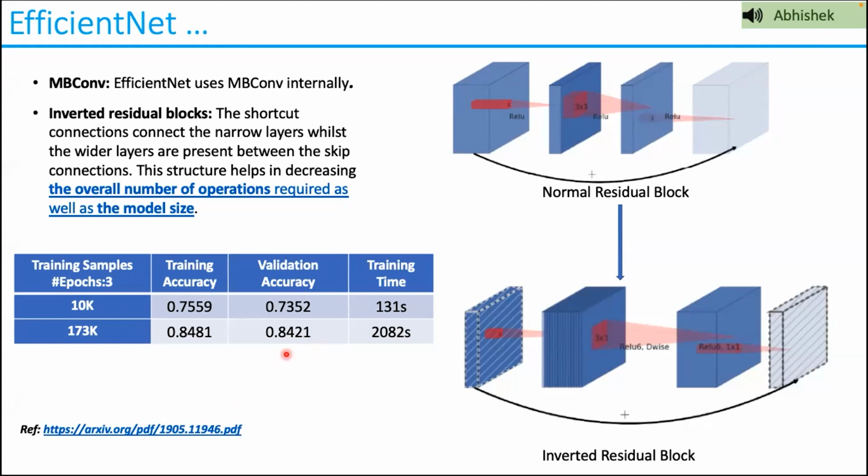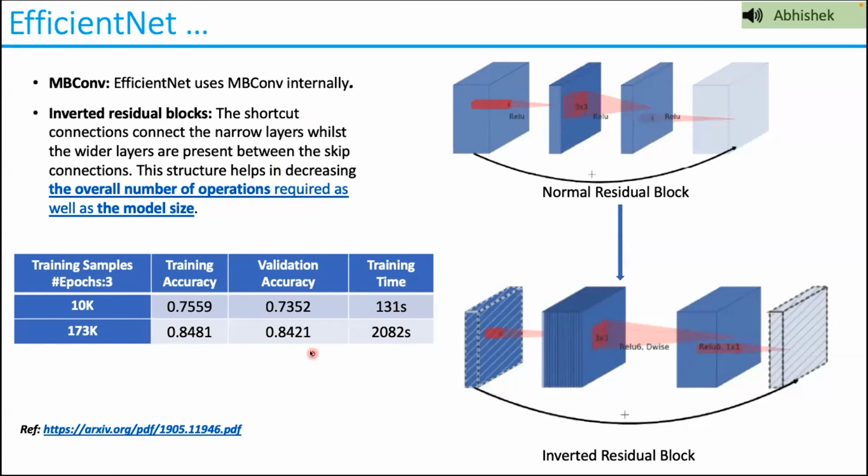We feed that residual model a thick input, so it will be wide, and then internally we make it narrow, and while coming out again it becomes wide. That's how a residual block works, because finally the input and output have the same shape. That's how we normally do the residual block. They took the very opposite approach.